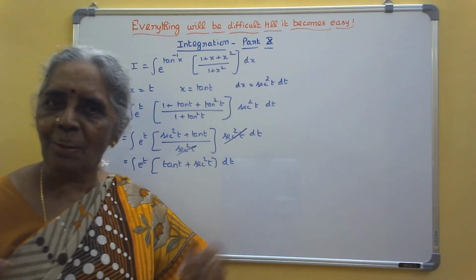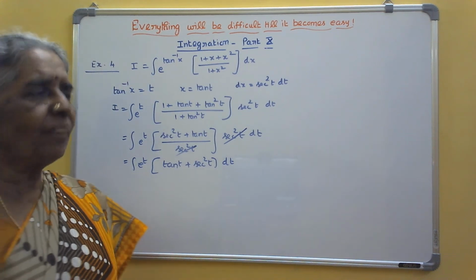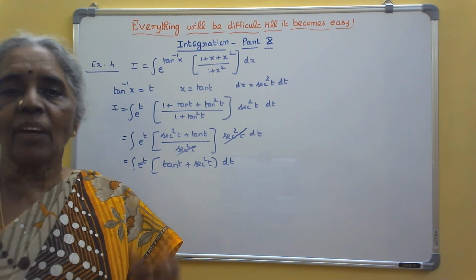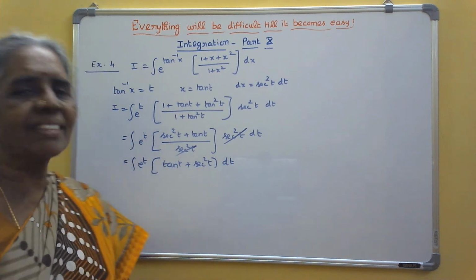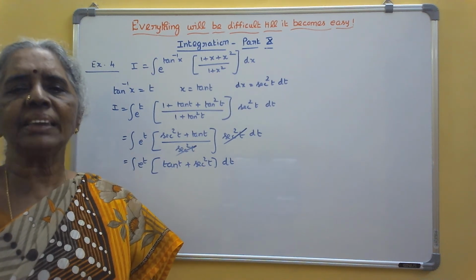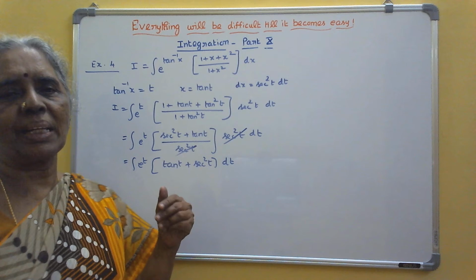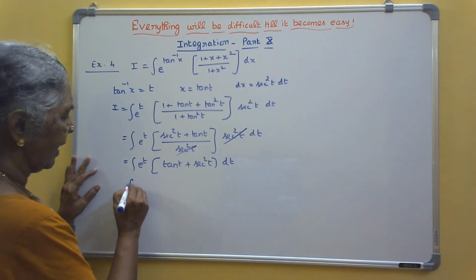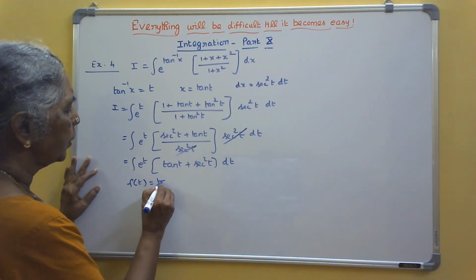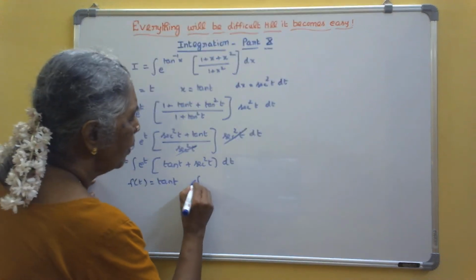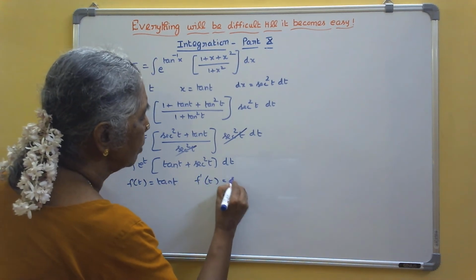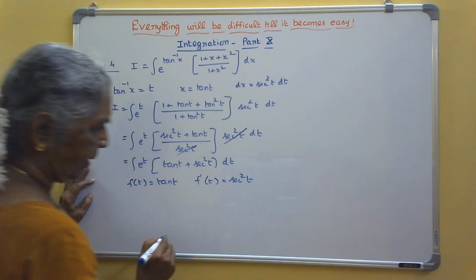I think now you would have guessed, isn't it? Now, don't say f of x here, say f of t. If f of t is tan t, then f dash of t is secant squared t, isn't it? So now let us write f of t is equal to tan t. So f dash of t is equal to secant squared t.